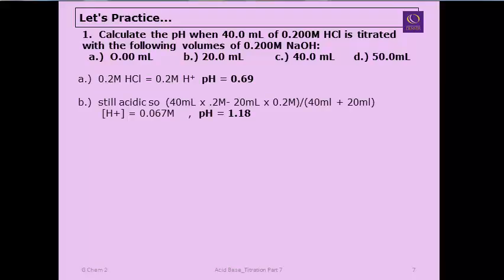Second problem, now it's still acidic, so you take the quantity of acid minus the quantity of base, right? So acid's 0.2 molar, you got 40 added, minus 20 mL of the base. The catch is divided by the total volume.